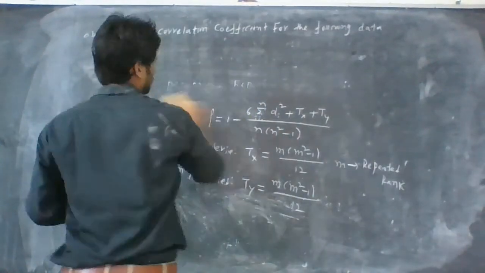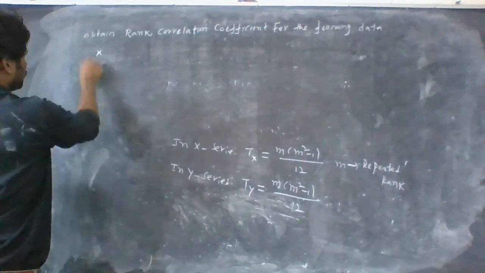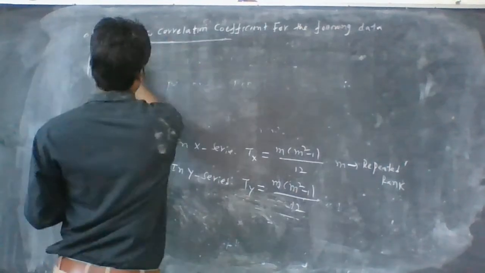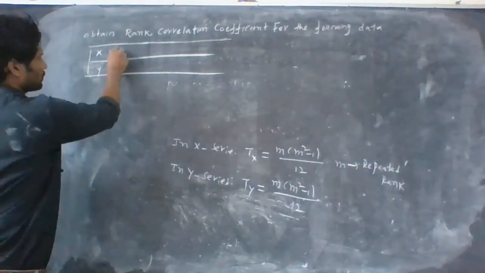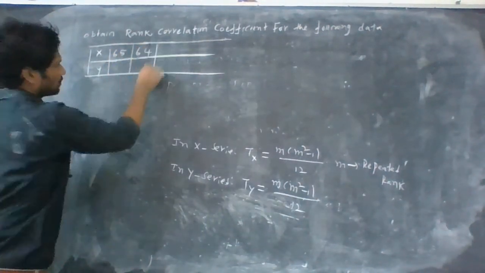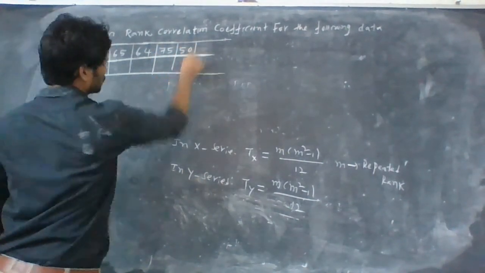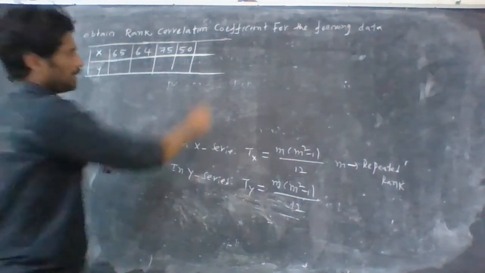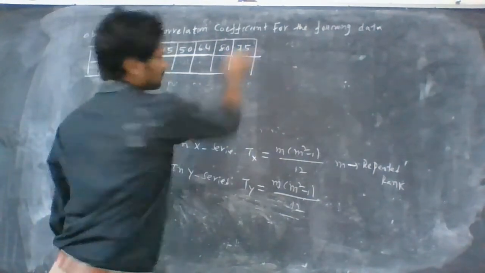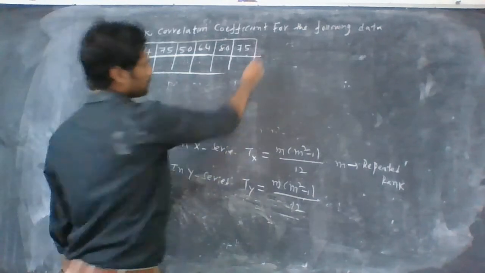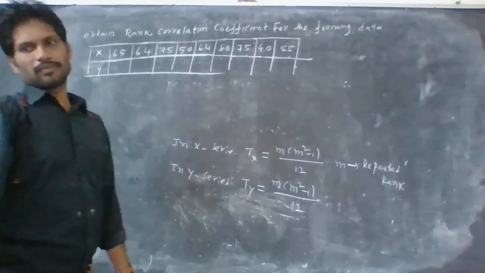The x values are 65, 64, 75, 50, 64, 80, 75, 40, 55 and 64.